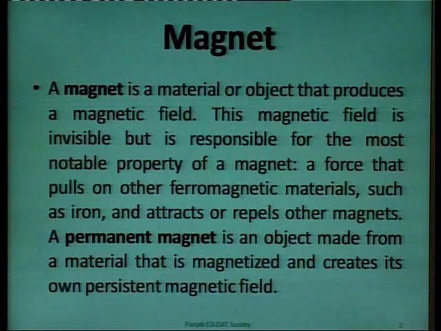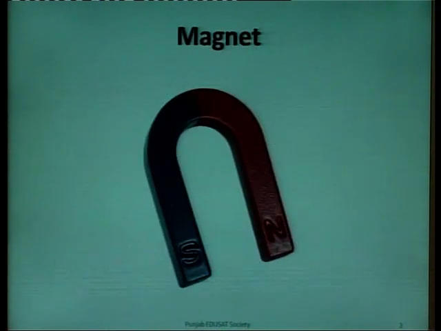A permanent magnet is an object made from a material that is magnetized and creates its own persistent magnetic field. So, this is the introduction of the magnet.